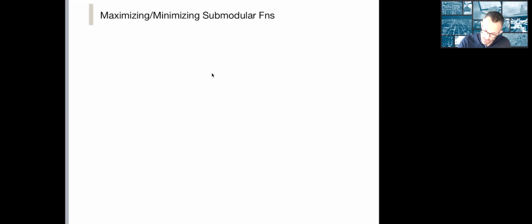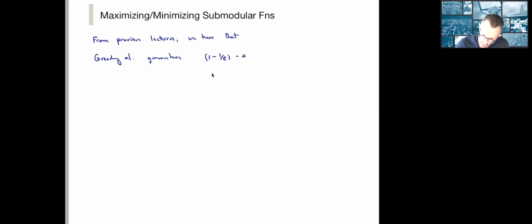So let me just write that again. From the previous lectures, we saw that the greedy algorithm guarantees a 1 minus 1 over e approximation to the problem of maximizing f of S subject to the size of S being less than or equal to k.